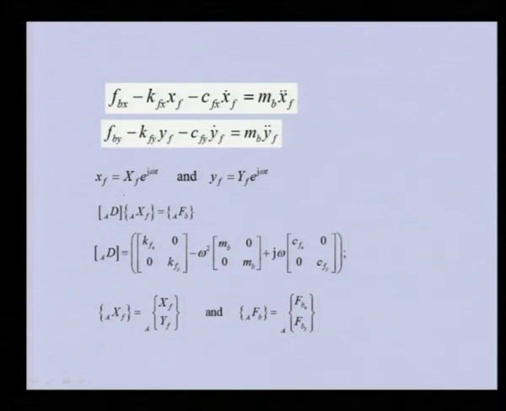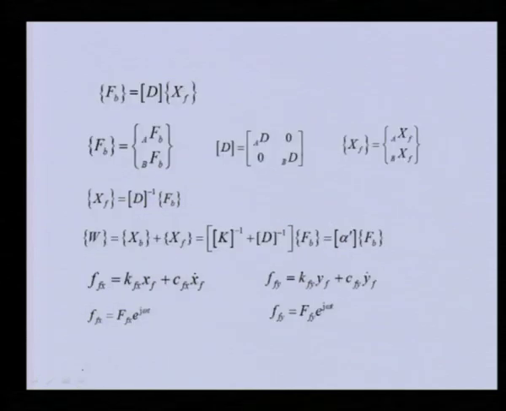Now, this particular expression we have written for one end of the pedestal. We can write a similar expression for the other pedestal, that is the B side or the right side, and now I am combining the bearing forces and pedestal displacements of the two bearings.